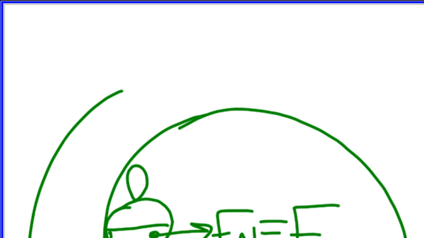Because she'd go in a straight line. But she doesn't go through the wall because there is a normal force moving her in a circle. You guys see what I'm saying? It's the normal force pushing her inwards that provides the centripetal force to make her go in a circle.